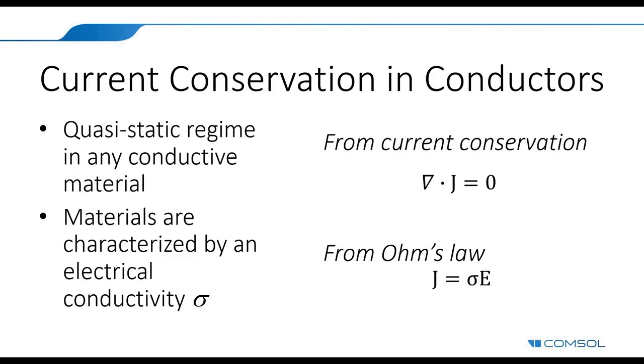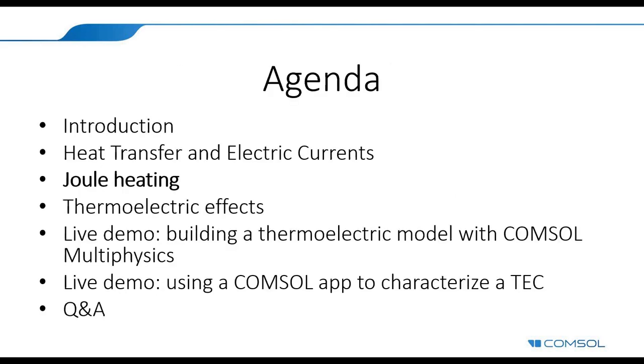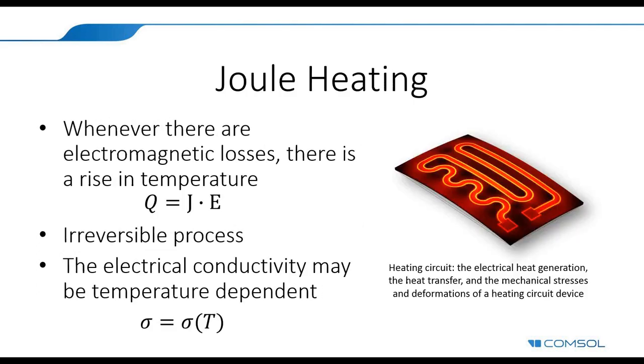And when we have defined the heat conduction and the current conservation in solids, we can go to the next step, which is the Joule heating. Joule heating is something that occurs as soon as you have electromagnetic losses. Then you can experience a rise in temperature, and this is due to a heat source coming from the electric current.